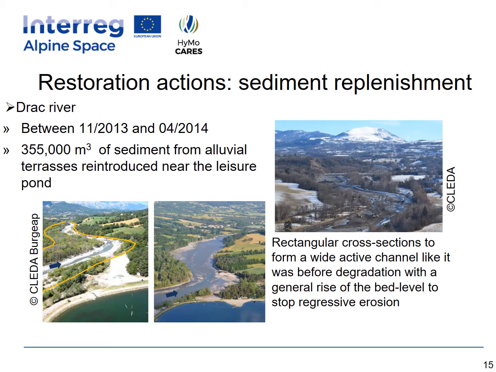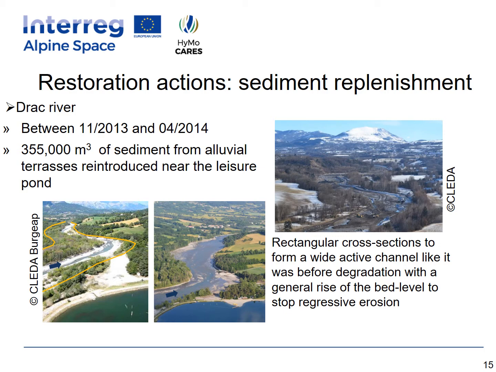This is an operation of channel widening using a design 100-meter wide rectangular cross-section associated with a general rise of the bed level. A 1.65-meter high grade control weir was built at the downstream end of the restored ridge with a fish pass.